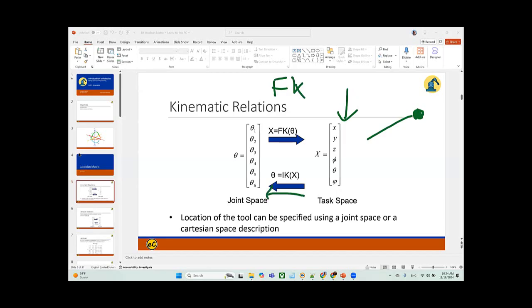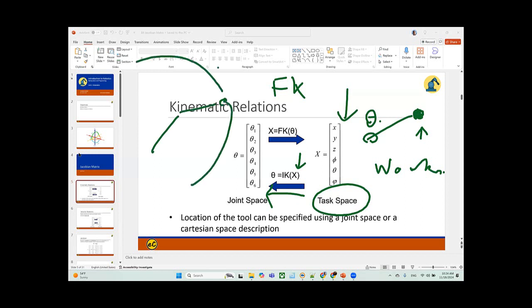The reverse is that from your destination point you calculate what the control variables should be, that's inverse kinematics. And then in the week 4 project, we want you to work on the workspace. Workspace means that you have a robot, and what is the reachable location? What are all the possible XYZ? That's the workspace.